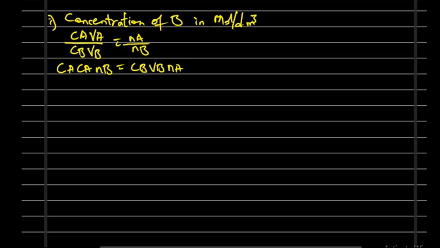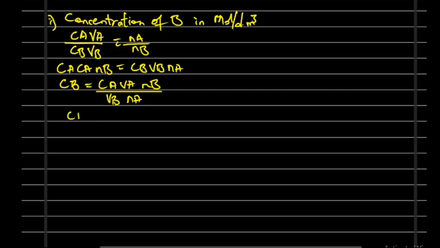And then we're looking for the concentration of B, so we're having CB, making it subject of the formula. CB equals CAVA NB divided by the coefficient of CB, which is going to be VBNA. So that is what we are having there.